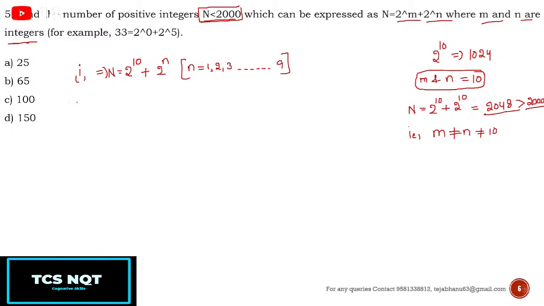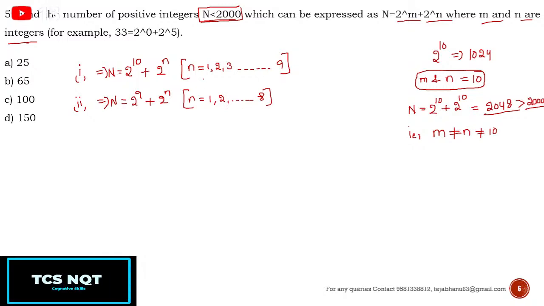Second case: n is equal to 2 power 9 plus 2 power n, where n can be 1, 2 and so on up to 8.